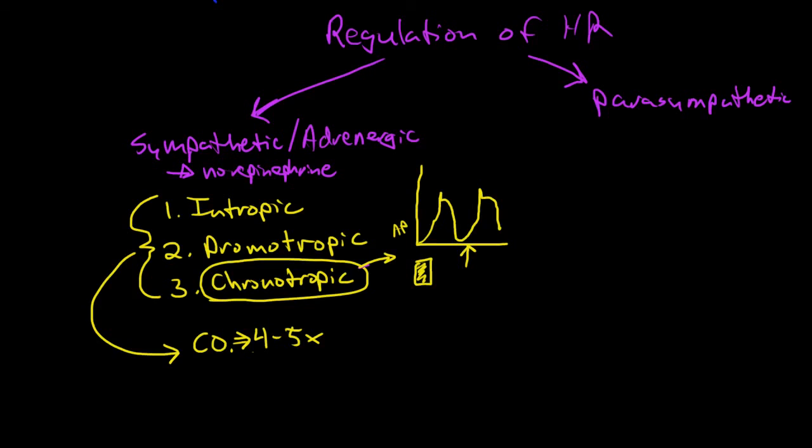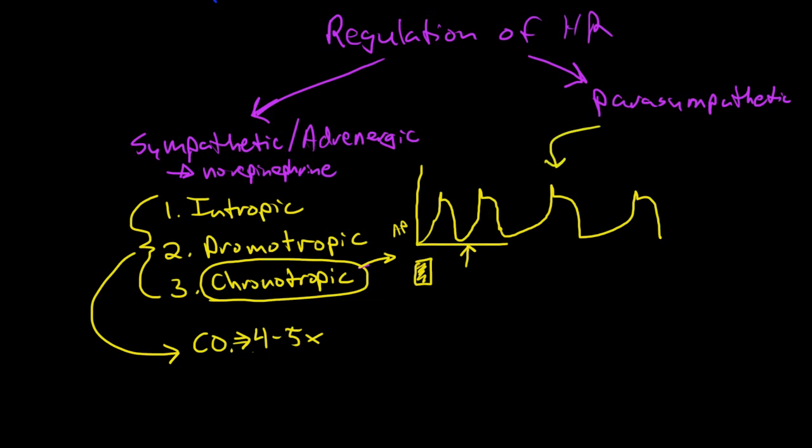Parasympathetic system does the exact opposite. It flattens out the curve. So it takes longer for the pacemaker cells to reach threshold and start an action potential. Okay, so that's parasympathetic, and really the parasympathetic only has that effect.